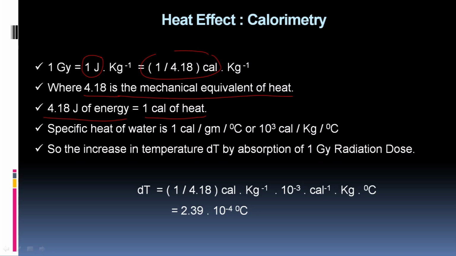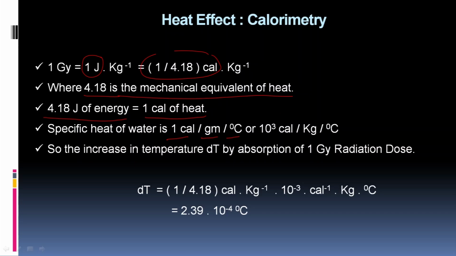heat, and the specific heat of water is 1 calorie per gram per degree centigrade, meaning 1 calorie absorbed in 1 gram of water increases the temperature by 1 degree centigrade.